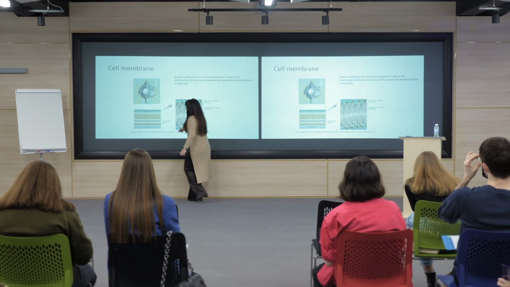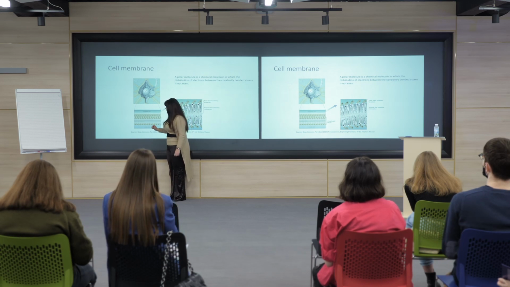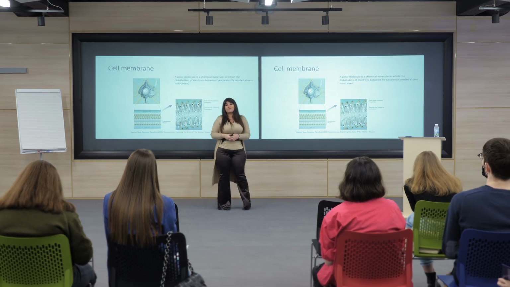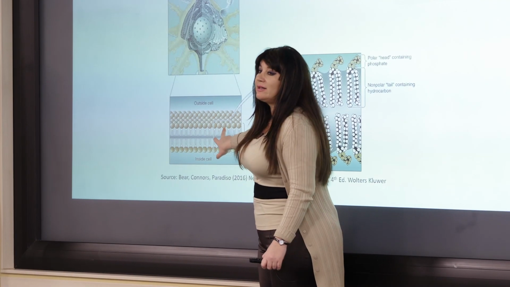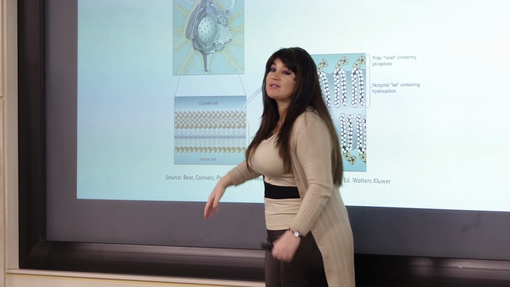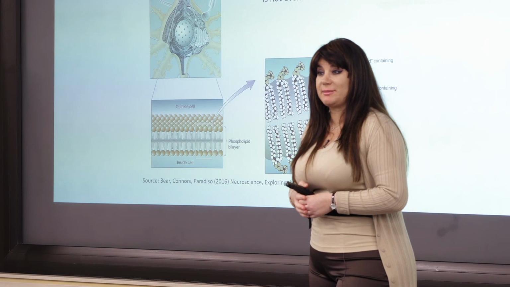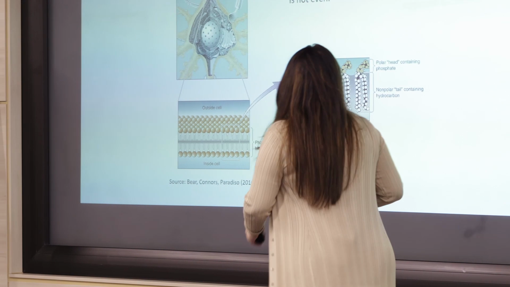I will not go too much into detail of chemistry, but what I would like to say is that it has such a chemical structure that, for example, these parts do not tend to interact with water because of their chemical structure. It's not favorable according to chemical principles. That is a chemical observation.